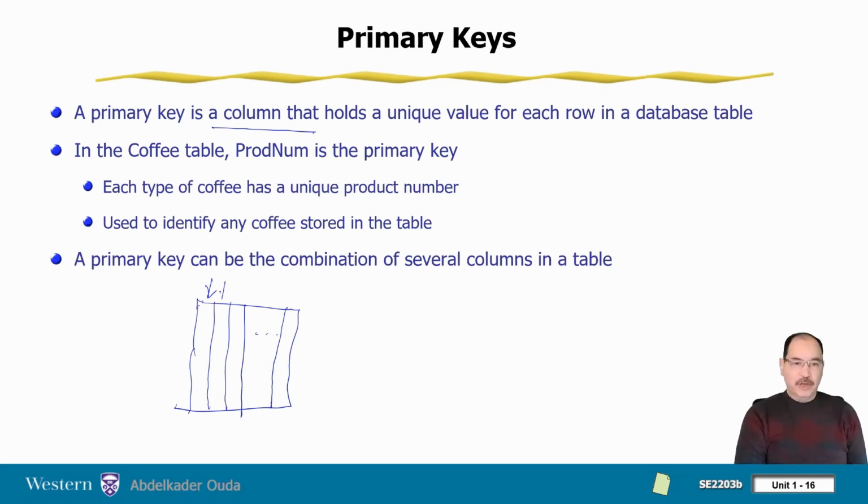We may have 2 or 3 columns, all of them acting as one primary key. That means when we combine all these 3 values, then these are unique. And in order to be able to retrieve data, we need to provide the values for these 3 columns acting as one key.